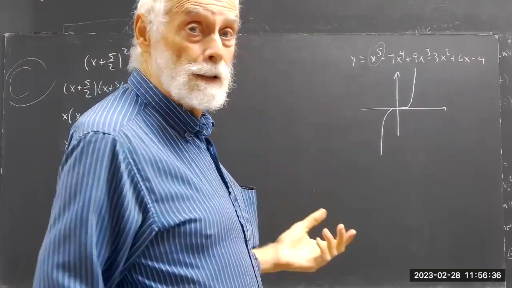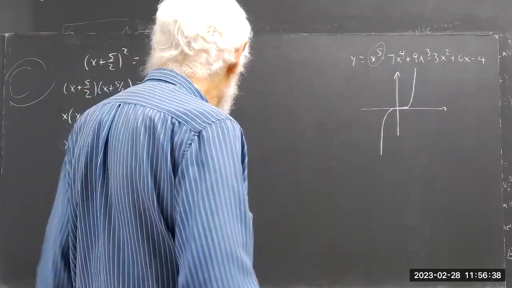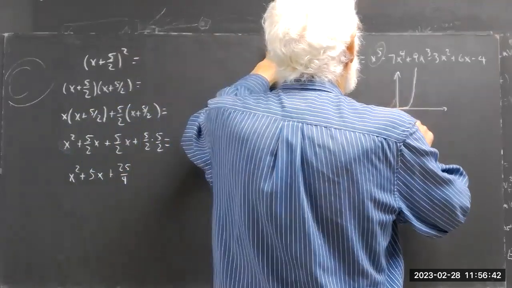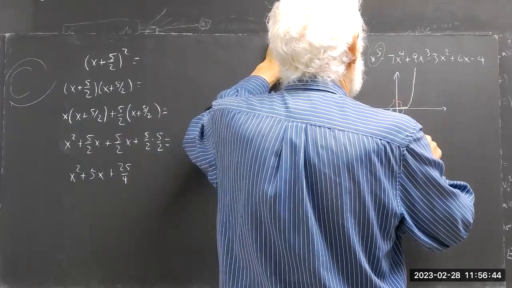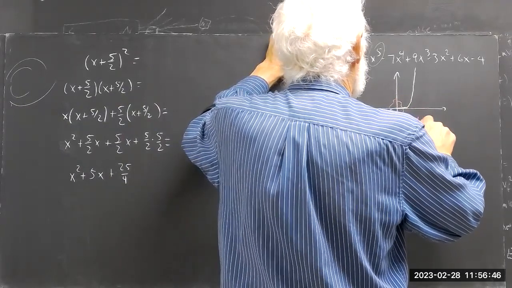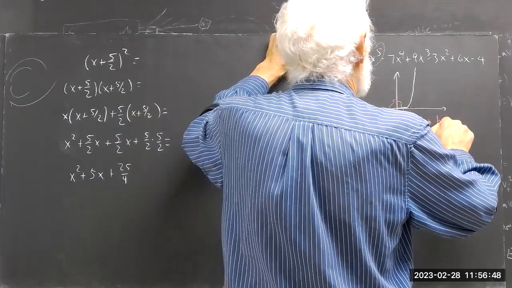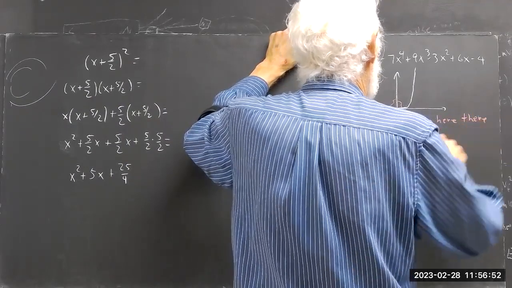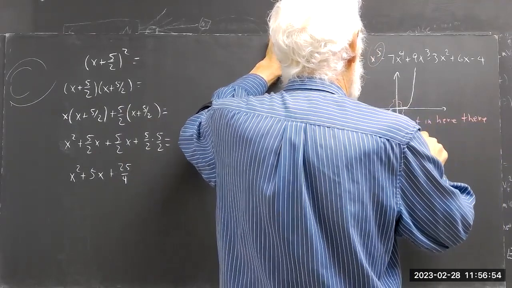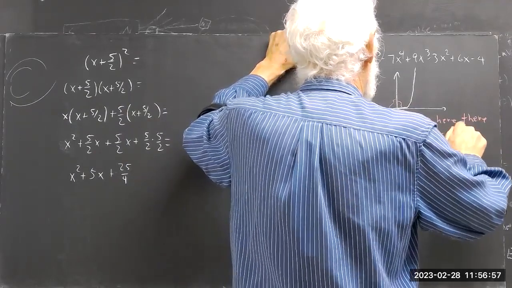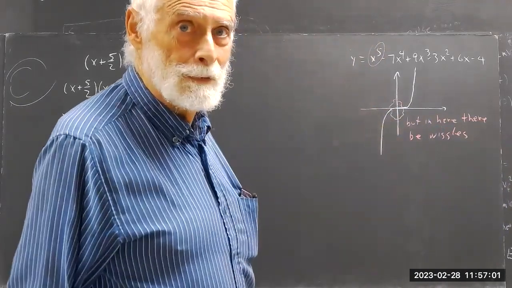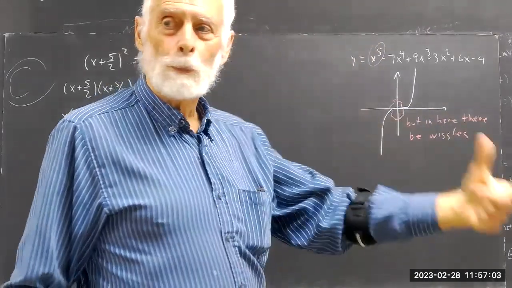But the graph's going to look kind of like this. But in here, there'd be wiggles, like the old maps.